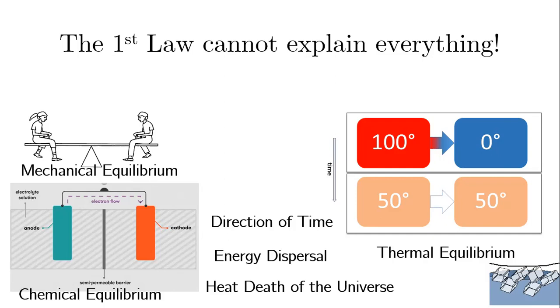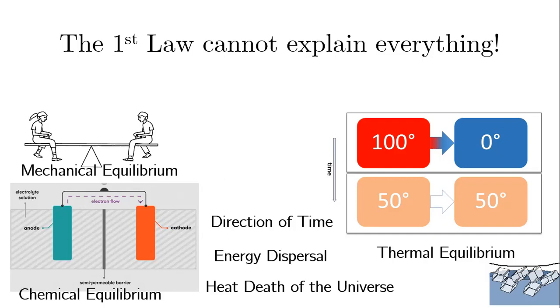So we need something to explain equilibrium. We also need something to explain how energy disperses itself. What we will see is that the second law comes in for the rescue here. It's something we really haven't discussed in other classes, these non-idealities. You usually assume everything's ideal, no frictional effects, no air resistance, nothing like that.